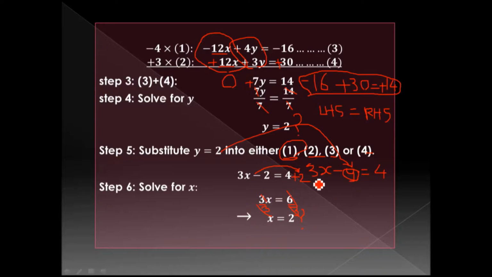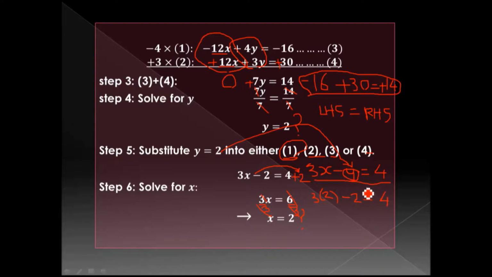So my equation of choice will still remain with equation 1, and I'll plug in the numerical equivalent of x and y in this equation to give 3 multiplying 2 minus 2 being equal to 4.